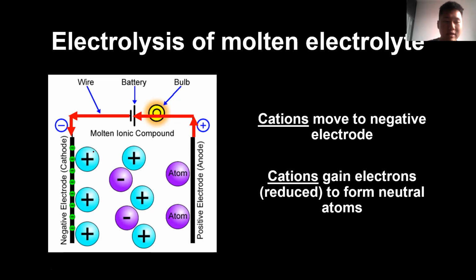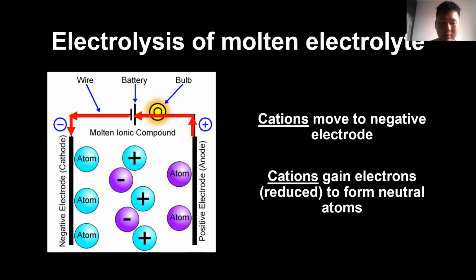These positive ions gain the electrons and are reduced to form neutral atoms. So this is what happens during electrolysis. In summary, the negative anions will move to the positive electrode to form atoms, and the positive cations will move to the negative electrode to form atoms.